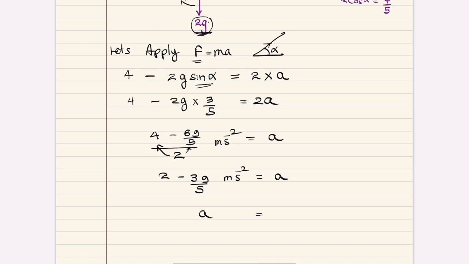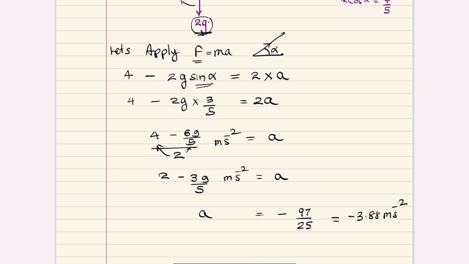Your answer is going to be minus 97.97 over 25. The decimal value is going to be minus 3.88 meters per second squared.